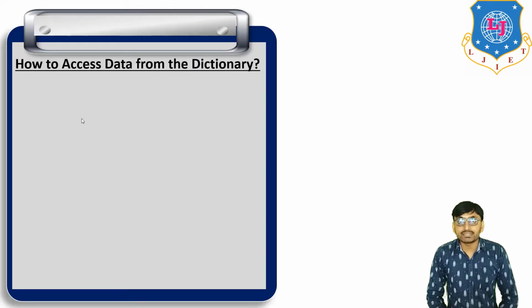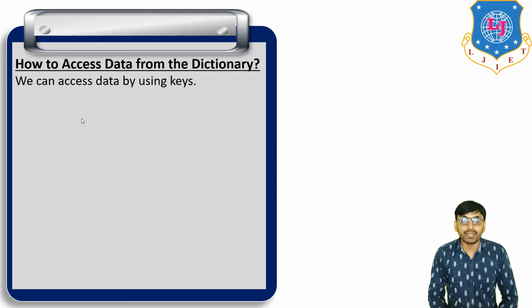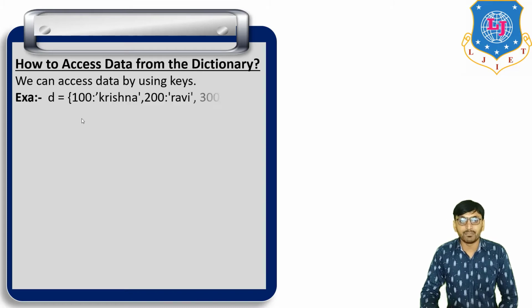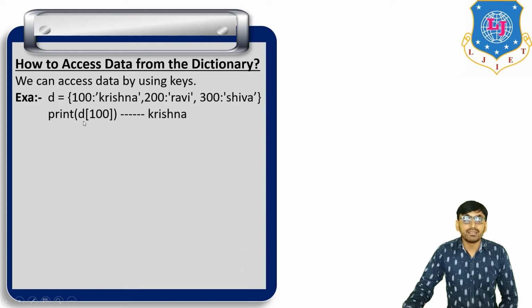Now how to access data from the dictionary? We can access data by using the key. For example, D is one type of dictionary. Now print D of 100. It means what is the value corresponding to key 100. The value is Krishna, so we get the answer Krishna.